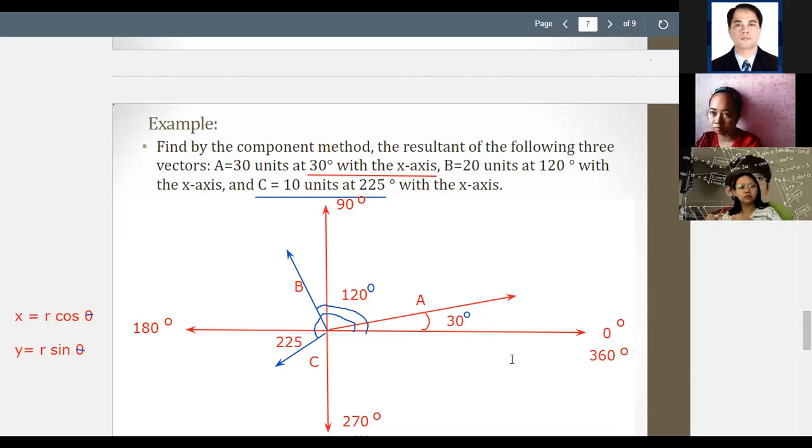Counterclockwise direction, no? Okay, so the quadrant for 225 degrees is already in our third quadrant. 120 is in the second quadrant, while 30 degrees is found in quadrant 1. What angles are found in quadrant 4?